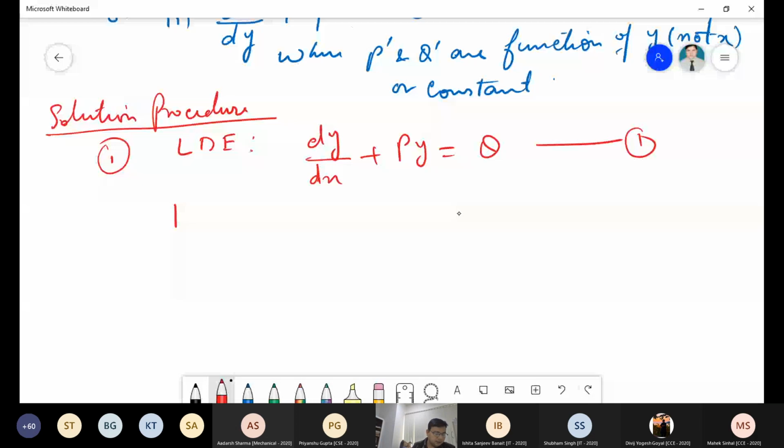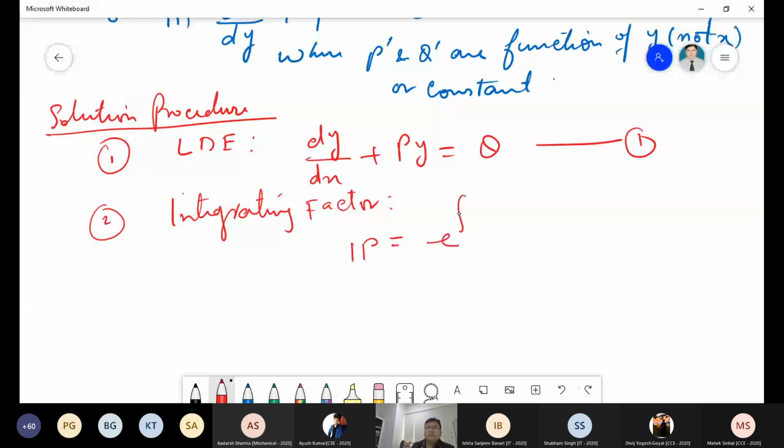The integrating factor is e to the power integration of P dx. We multiply with it and we get the answer.